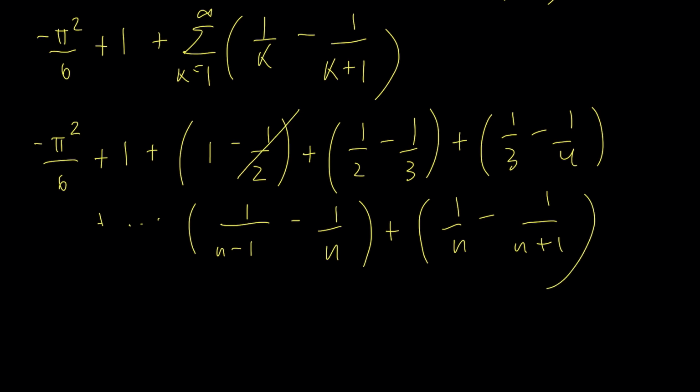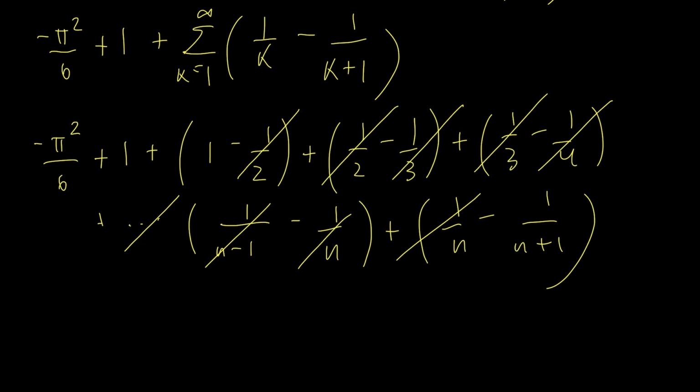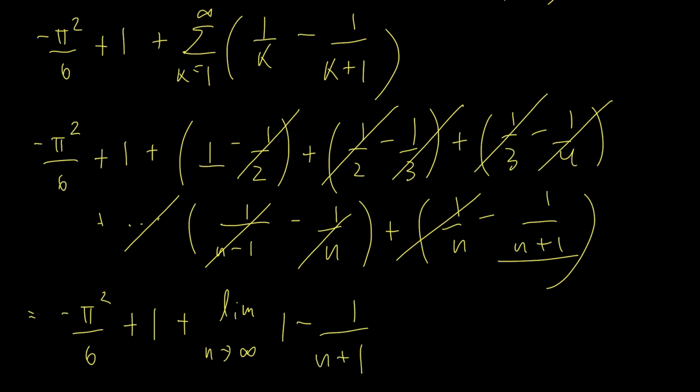So negative a half and a half cancel, negative a third and a third cancel, and so on. And we just have to take the limit of the partial sums. So we're going to have a negative pi squared over 6 plus 1, and then plus the limit as n tends to positive infinity of 1 minus 1 over n plus 1.